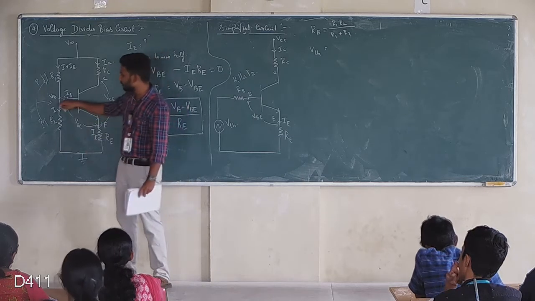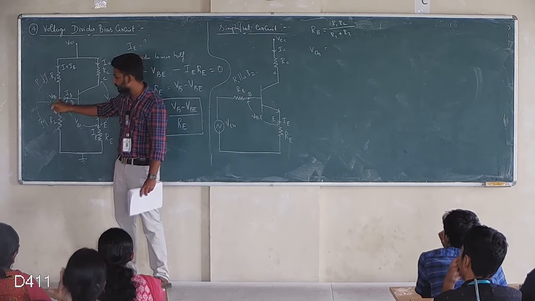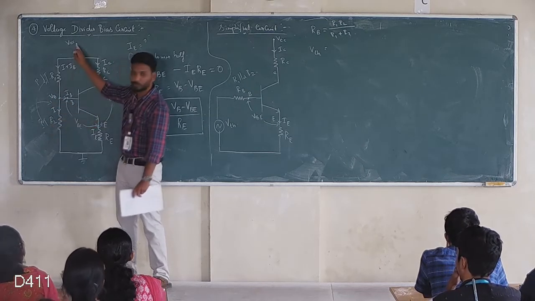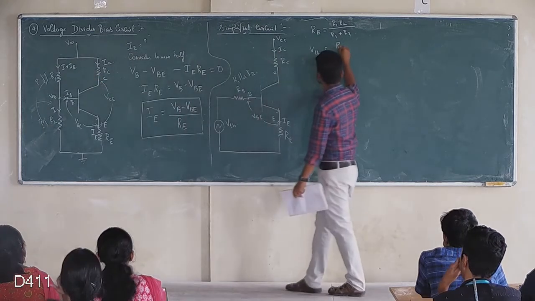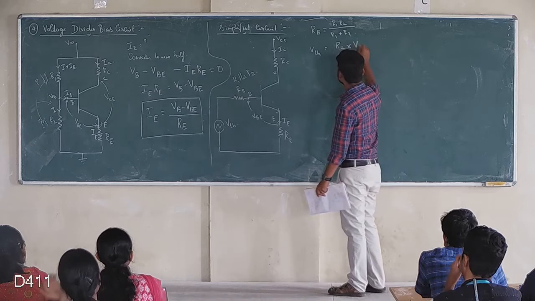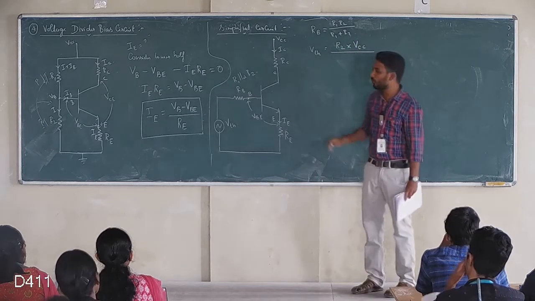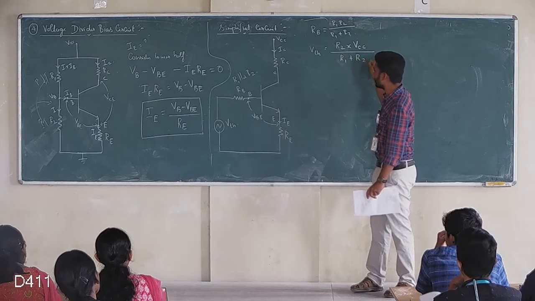So I'm going to find this voltage at this point. The corresponding resistor is R2. What is the input voltage? VCC. So R2 into VCC divided by total resistance. Total resistance is nothing but R1 plus R2.